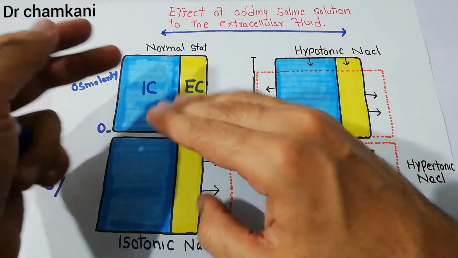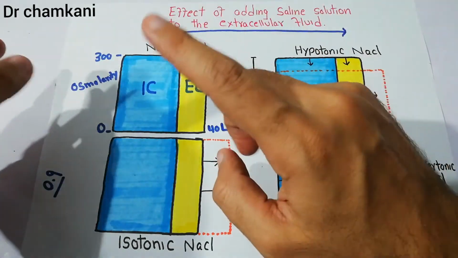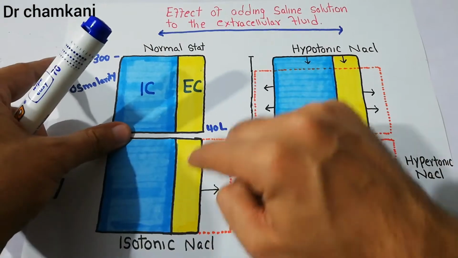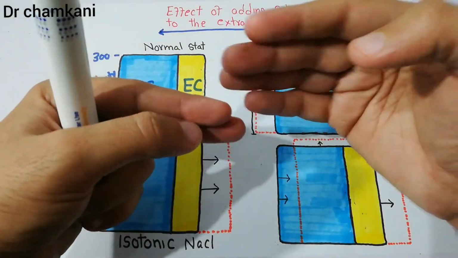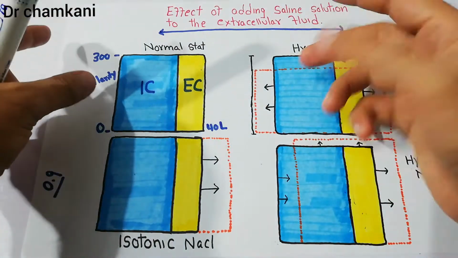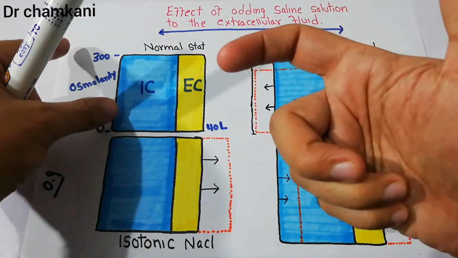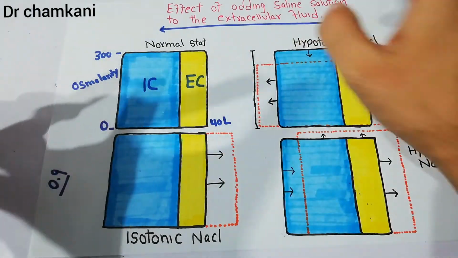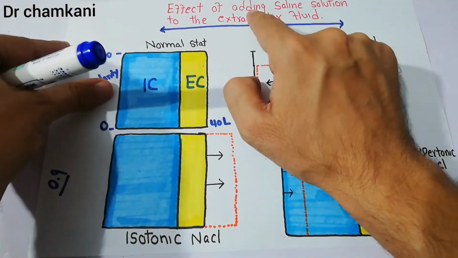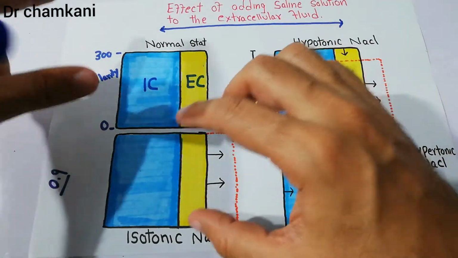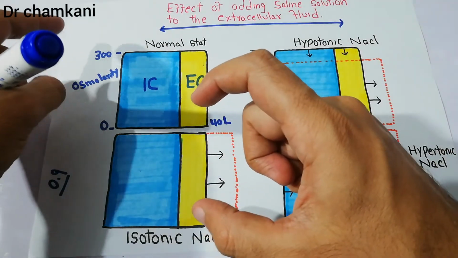From the plasma it may go into the interstitial fluid, and from there into the intracellular region, but it will initially go directly into the extracellular fluid. Similarly, if the fluid is injected, it directly goes into the blood, so that is also an extracellular fluid.